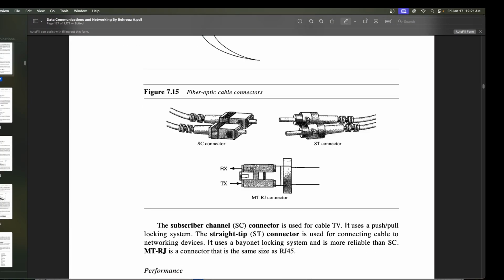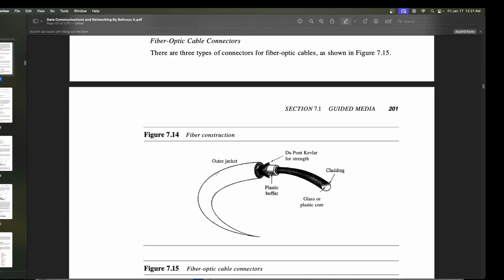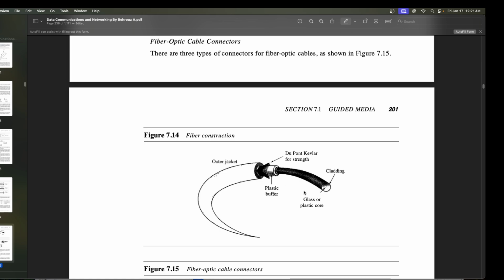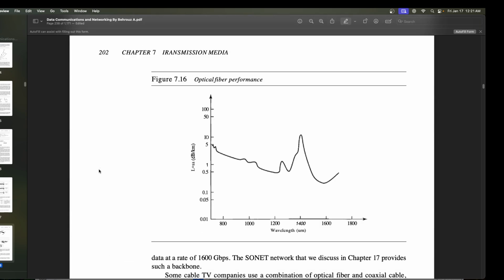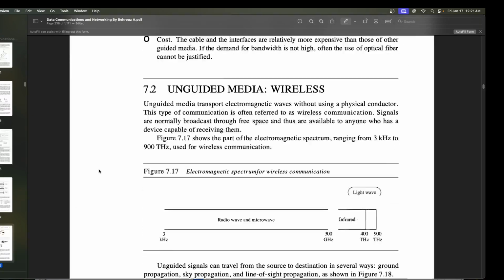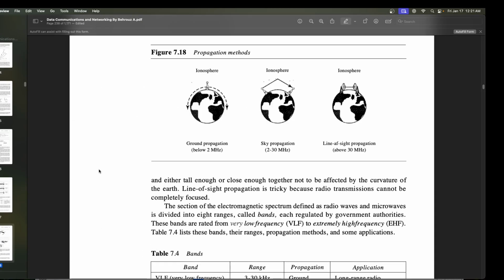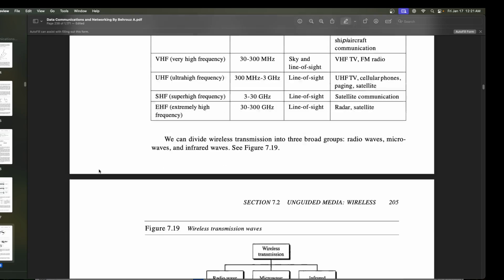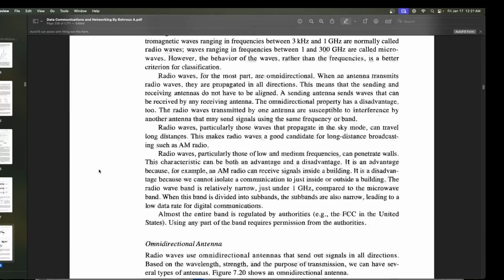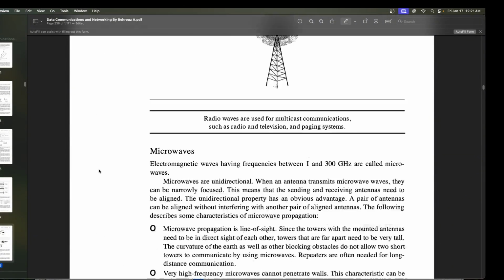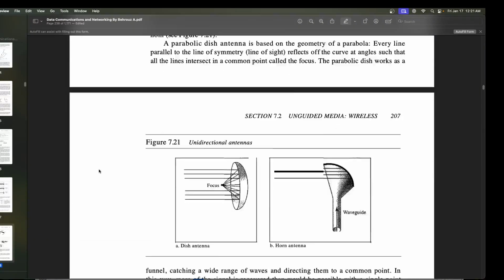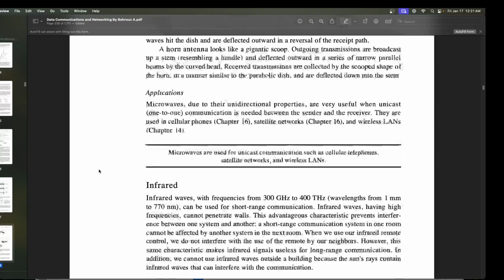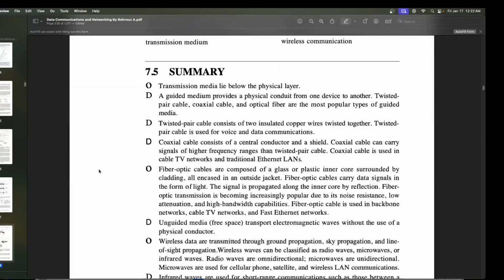These are basically connectors. In fiber optic, you will have this glass thing. So this is the ionosphere. This is again different, it is for mobile communication. How an antenna is determined.